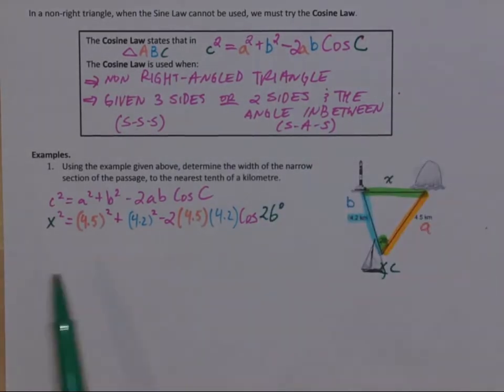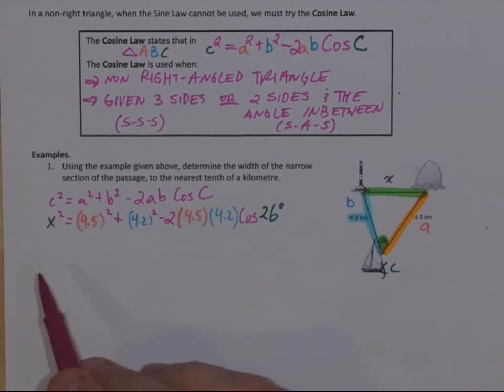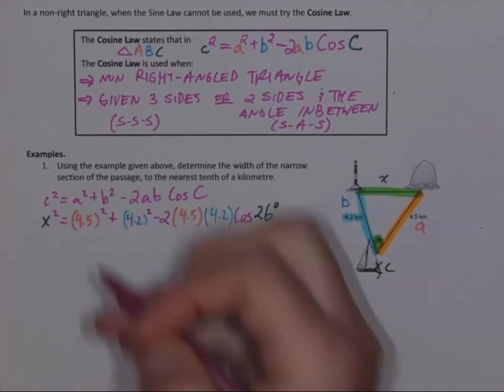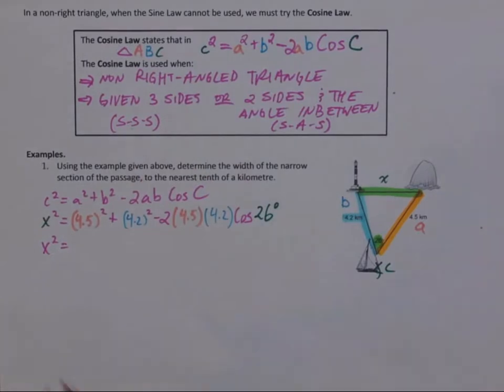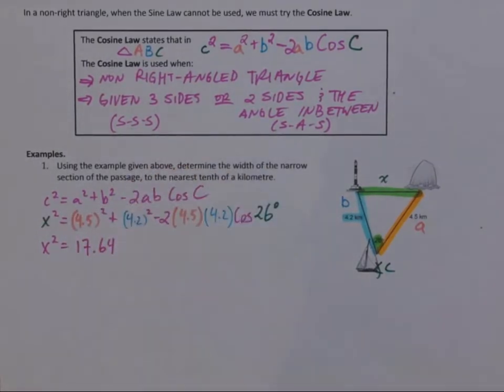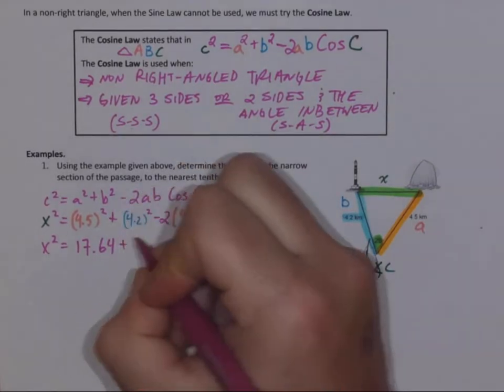Now there's a lot of things going on. So we're going to make this look like smaller numbers, simplify this equation, and then enter it all in our calculator. 4.5 squared. Let's round to 2 decimal places. Really, we would enter it all in our calculator and get one final solution. 4.2 squared.